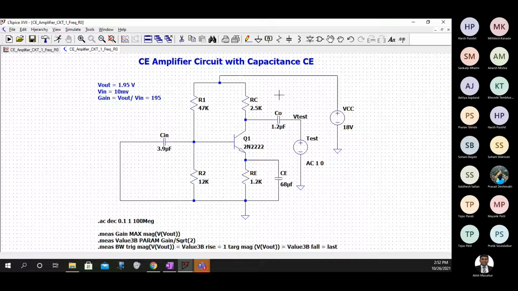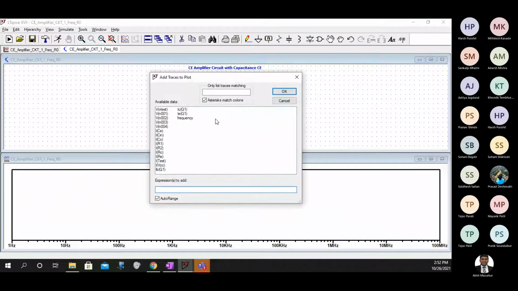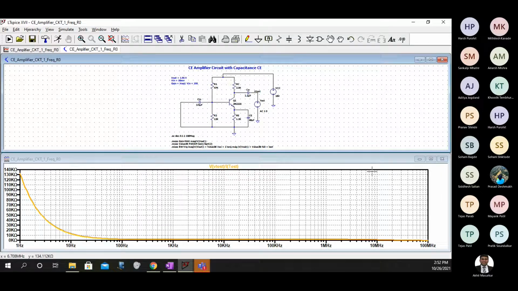Name it here Vtest. Again run it. Try to add trace. So now we got V of Vtest divided by Itest. So I got this.